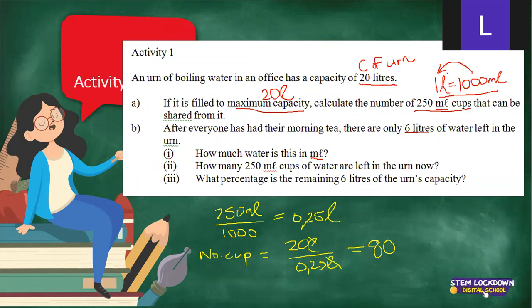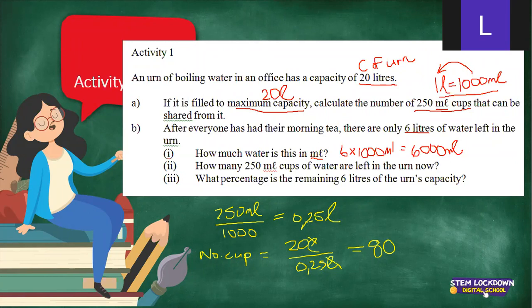Another way of thinking about this: how do I convert 1 to 1,000 if I can only divide or multiply? In order for 1 to be 1,000, you need to multiply 1 by 1,000. So your answer will be 6 times 1,000, because you're changing liters to milliliters. Answer should be 6,000 milliliters. Okay, this one was simple.